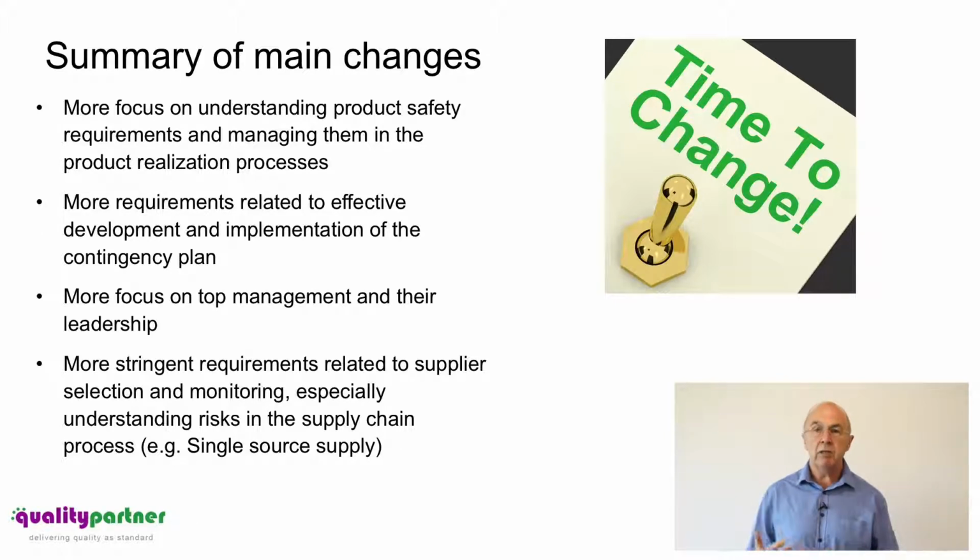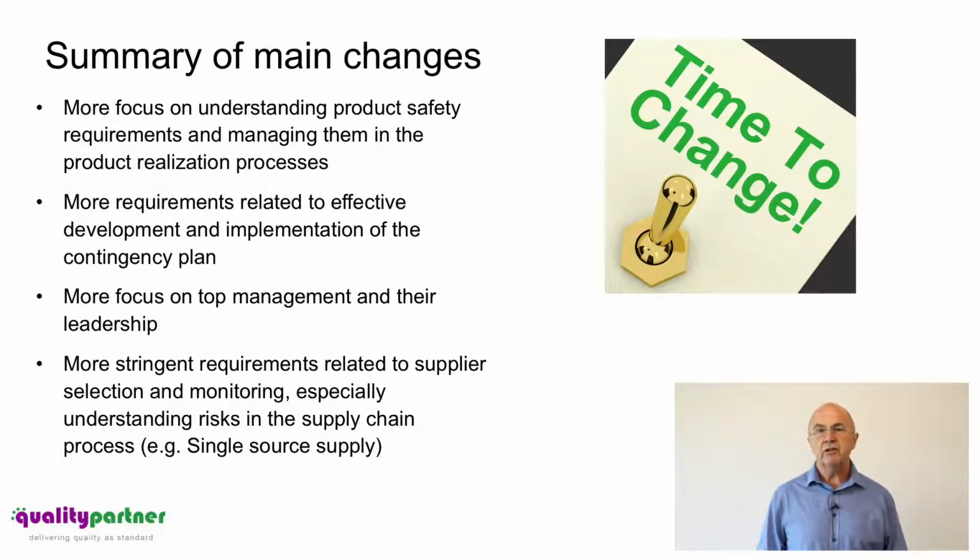And all of these products obviously have safety critical items. So what IATF is saying is that we really need to focus on how those requirements are managed within the quality management system. So the organisation may have to step back and take a fresh look at how they're managing product safety and how they manage the integrity of that through their manufacturing and product realisation processes.